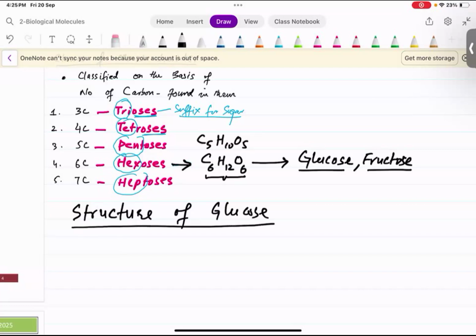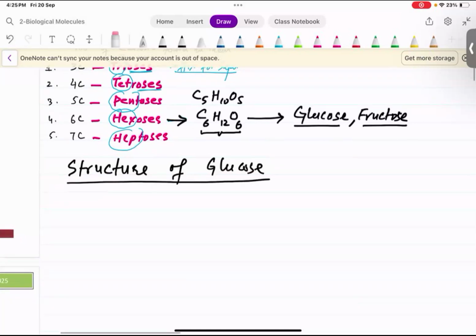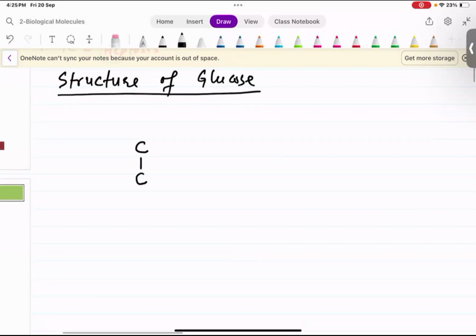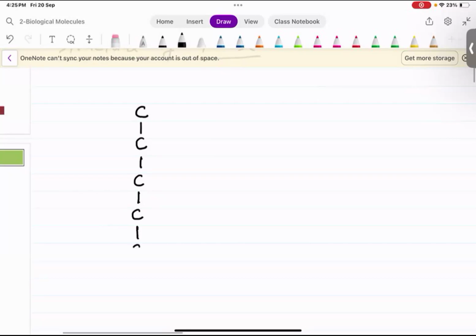As you already know, it has 6 carbon present in it. So we can make 6 carbon showing carbon number 1, carbon number 2, carbon number 3, carbon number 4, carbon number 5, and carbon number 6.